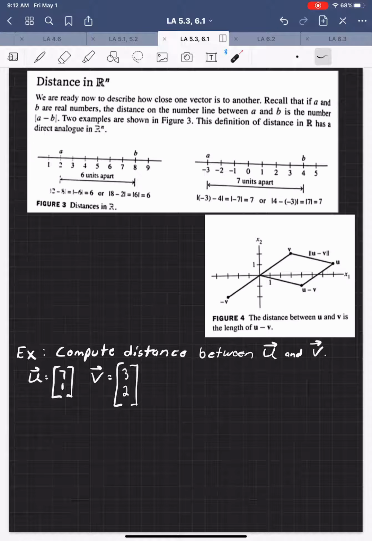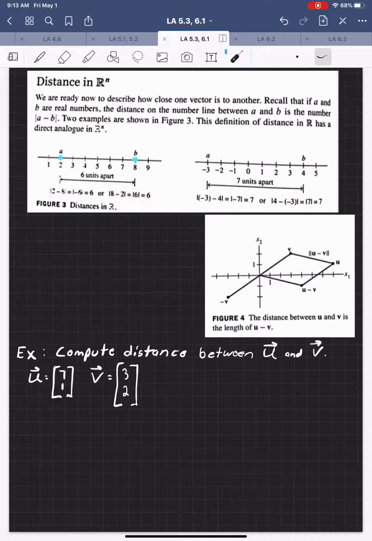If you have, let's say, a point A and a point B, it's very easy to interpret the distance between A and B. The distance between A and B can simply be thought of as 8 minus 2, and we use absolute values, because we could think of it as the absolute value of 2 minus 8, or the absolute value of 8 minus 2.